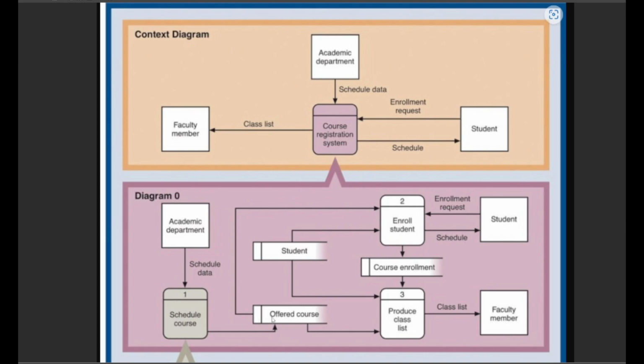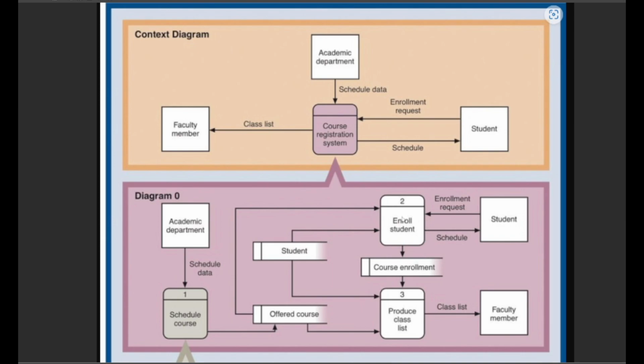It will save that onto a data store called offered course, and that data will be used for further processing, like enrolling a student, because a student requests for an enrollment. So we need the list of courses offered. So that will be coming here.